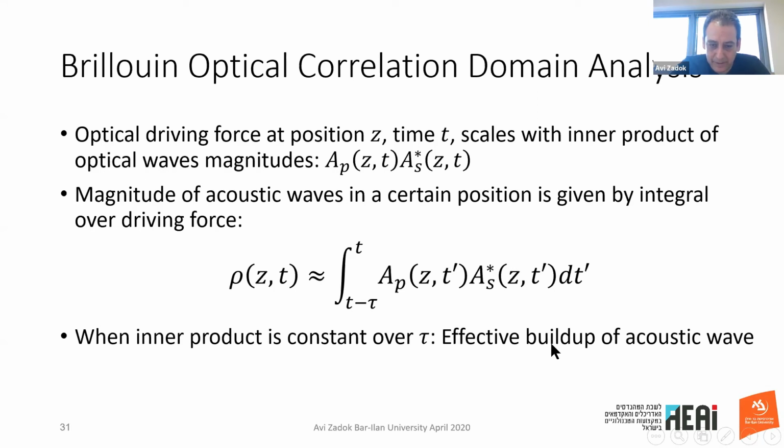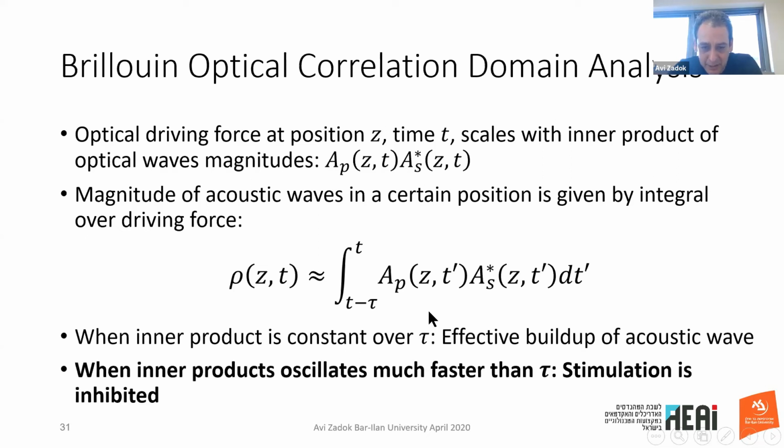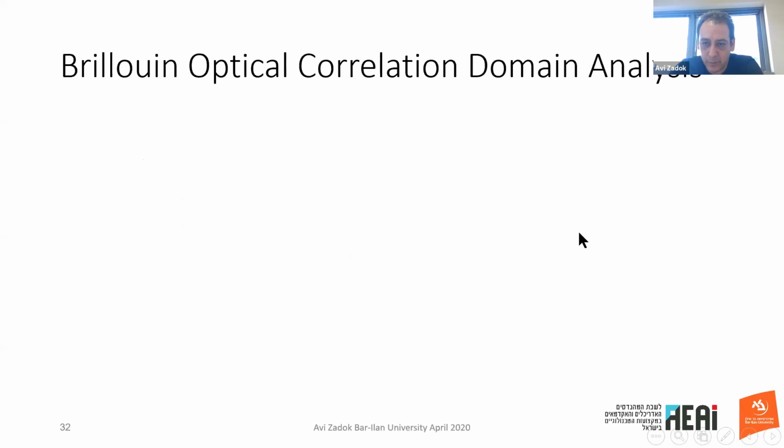So if the inner product is constant over the time duration, there is effective buildup. But if it is changing too quickly, the acoustic wave is inhibited. It does not start.